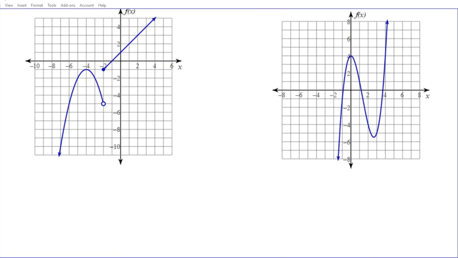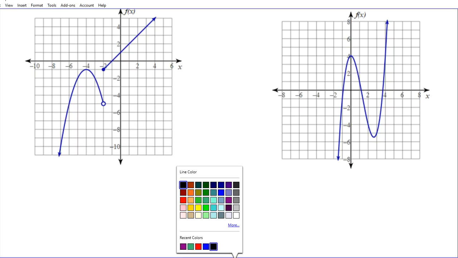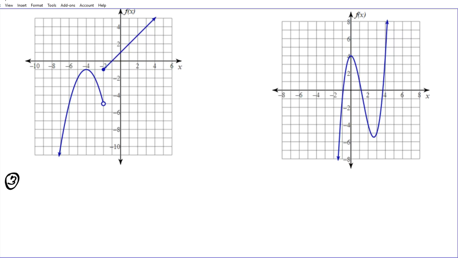Alright, let's go ahead and take a look at question 3. For question 3, let's say we're to find the limit as x approaches -2 from the right of this function right here. So we are approaching -2 from the right.